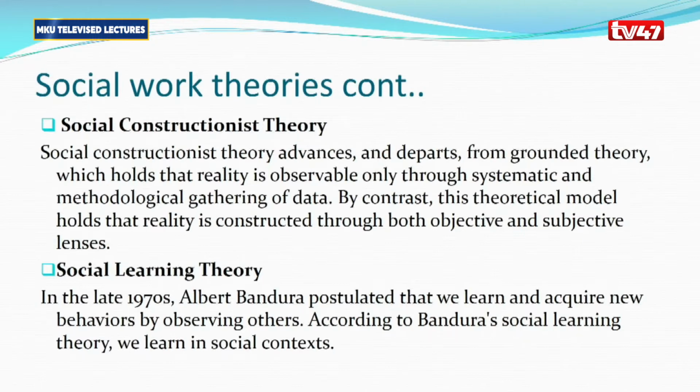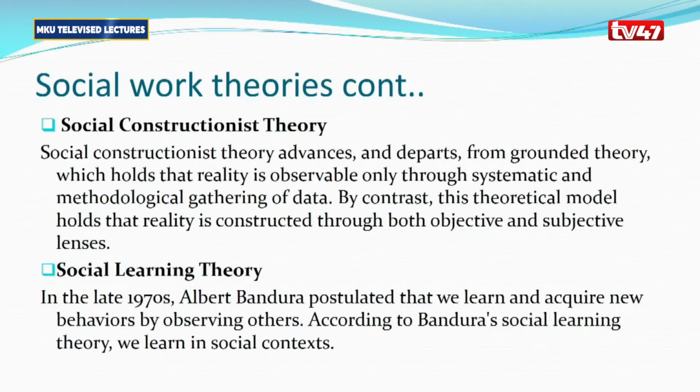That's a social construct. The roles of men and women, the difference, it is just a social construct. So we are actually able to look at both objective and subjective lenses as far as this theory is concerned.